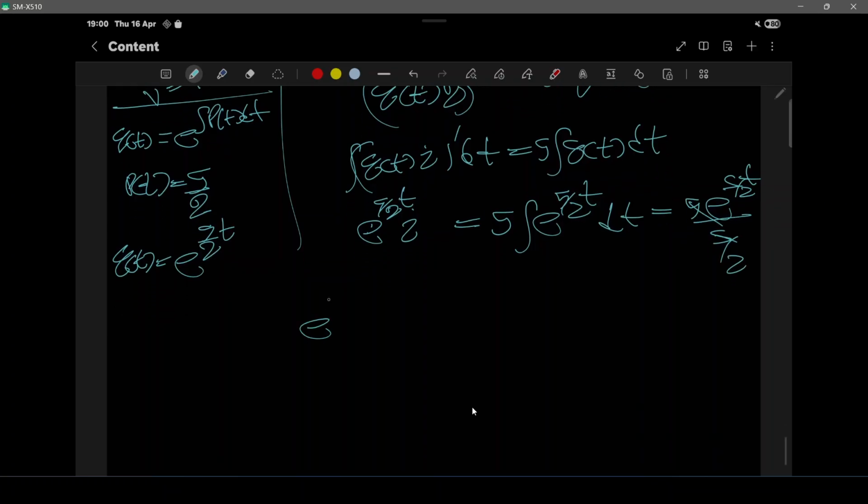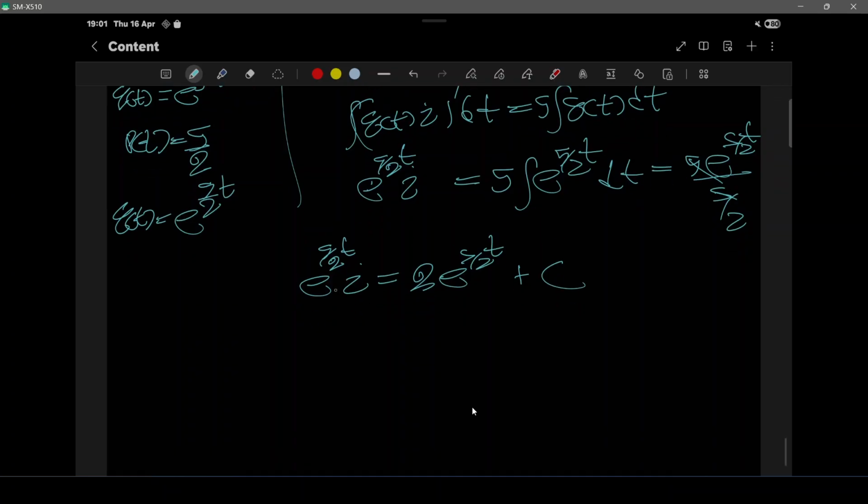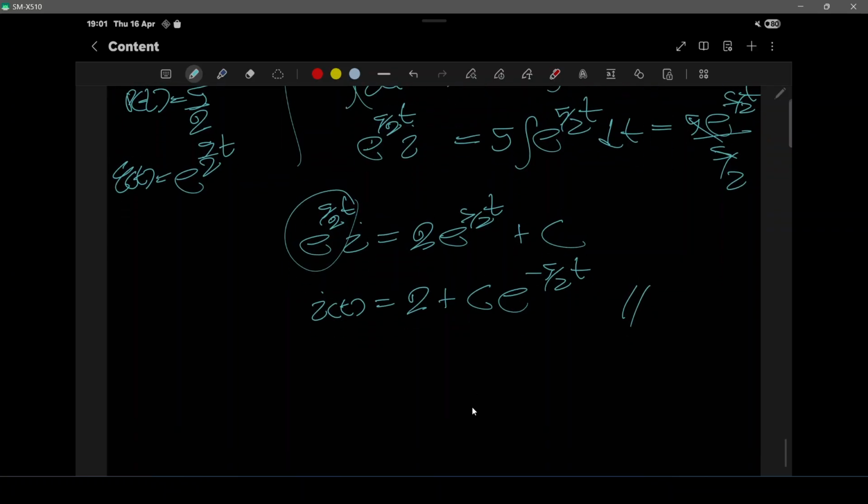The final solution is e to the 5 over 2 t times I is equal to 2 times e to the 5 over 2 t plus the constant. I divide the whole equation by this term, so I get I is equal to 2 plus c times e to the minus 5 over 2 t. So this is the general solution.